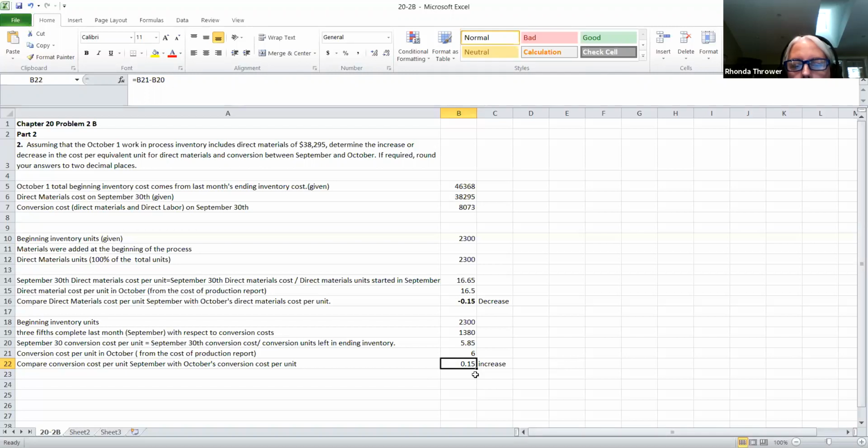So our conversion cost increased by 15 cents. Management would want to know that to be aware of the cost of last month and how they have increased to this month. They might want to try to find ways to decrease the conversion cost next month.